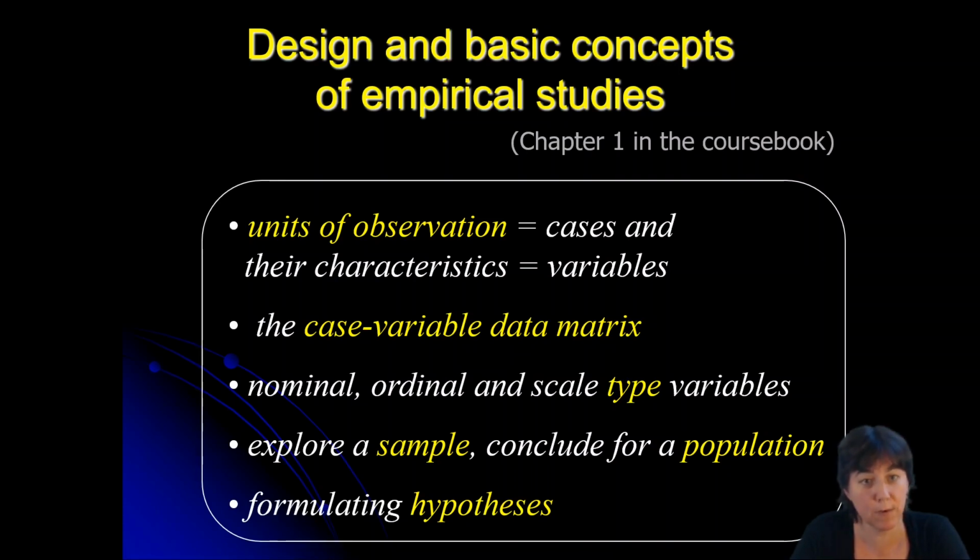Now, about variables, we will learn about nominal, ordinal, and scale type variables because they're also important to determine what kind of statistical test you can use in your analysis.